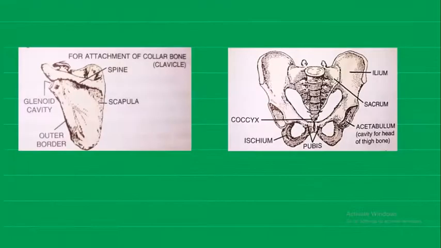Next, coming to the girdles. So these were all the different bones that are present in the hind limbs and the forelimbs. The girdles are the parts of the skeleton which help to articulate the limb bones to the main or axial skeleton.